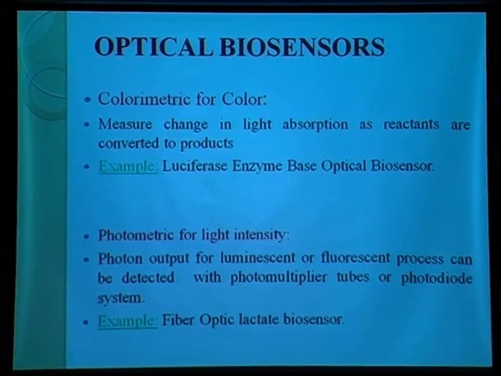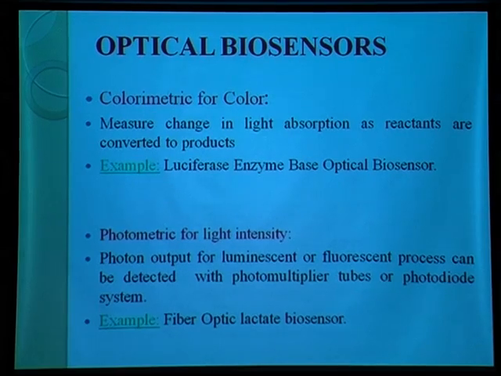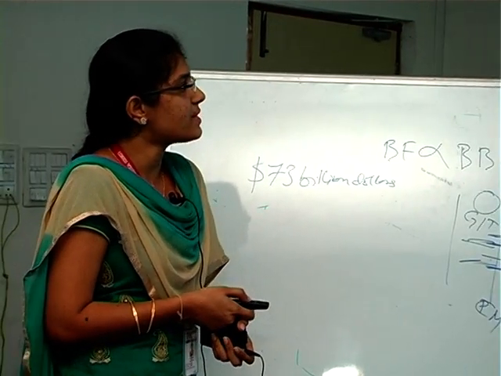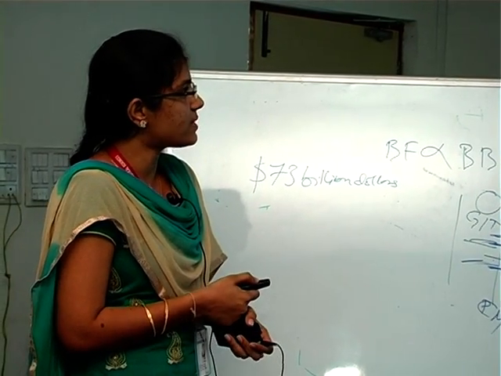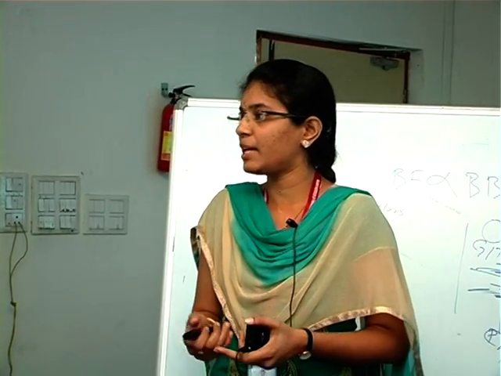Then next, coming to the optical biosensors. Optical biosensors are those which measure the light absorption, and also fluorescence or luminescence of substances. The best example for this is the luciferase enzyme based optical biosensor. We all know that the luciferase enzyme is responsible for emitting light in fireflies.